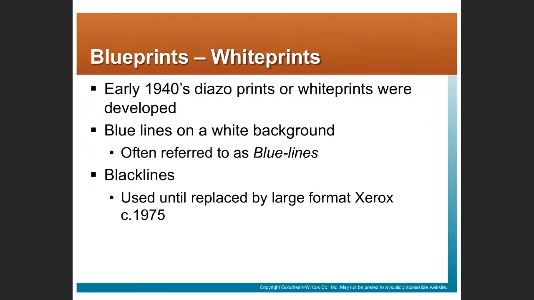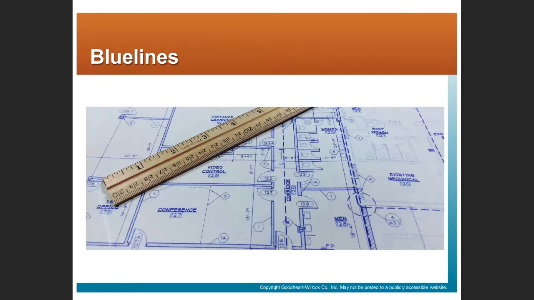The next thing we got to was a blue line, again a reproduction of a hand drawing. And then we got the black line, still in 1975. We didn't have CAD yet, but we might have had a large format Xerox machine. But again, we are reproducing drawings that were drawn by hand.